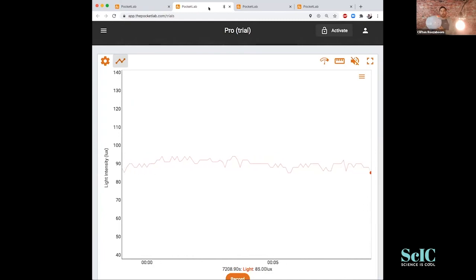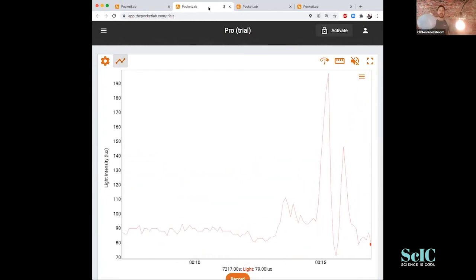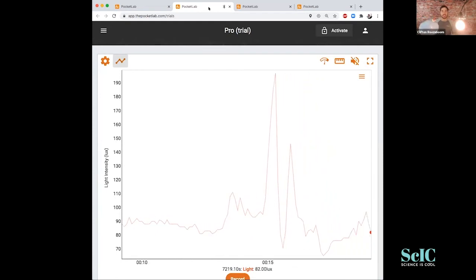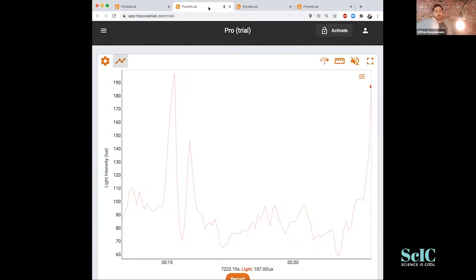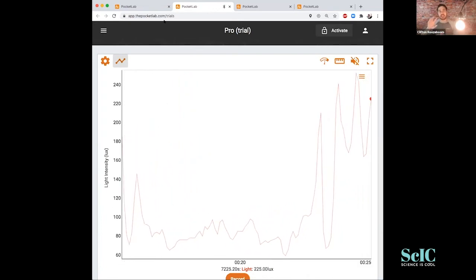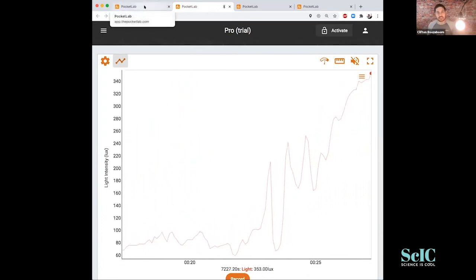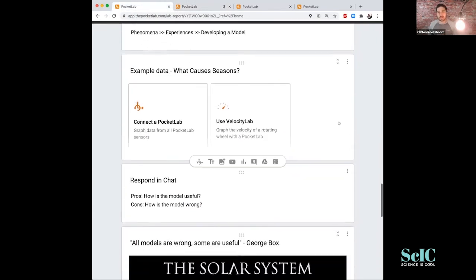And then you can reorient your solar system model and rotate your setup, and then look at how this changes during different seasons and position of the Earth. Okay, so that's the activity.